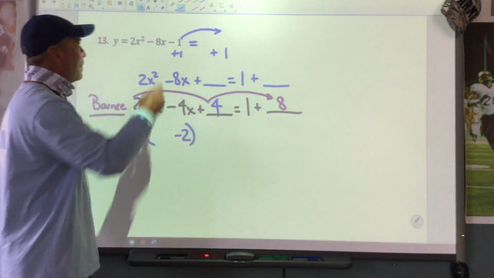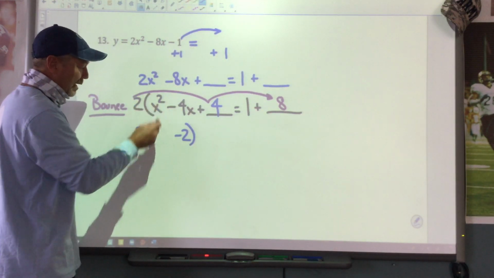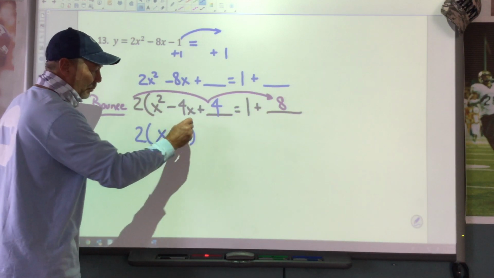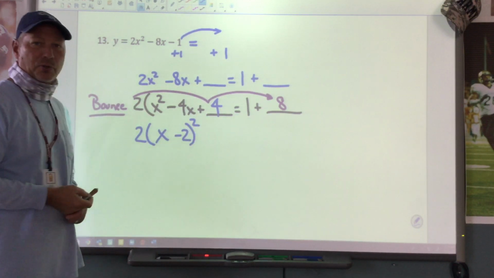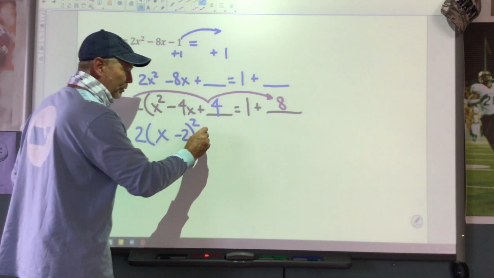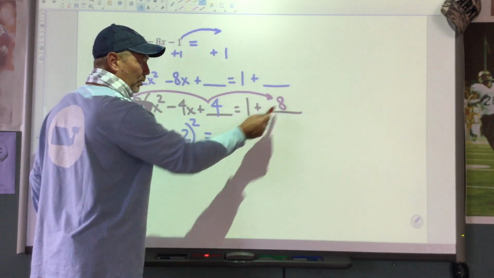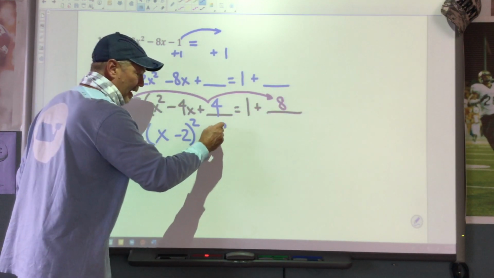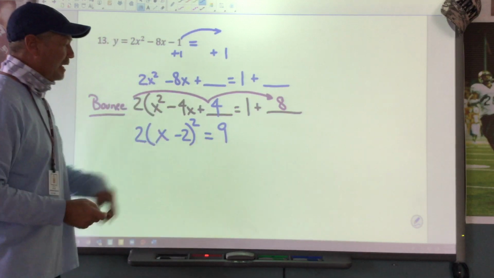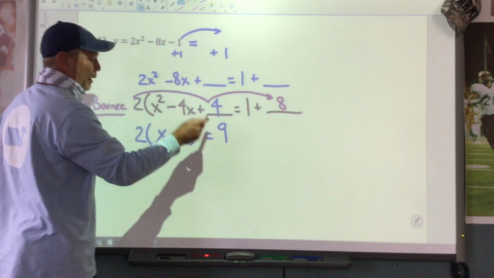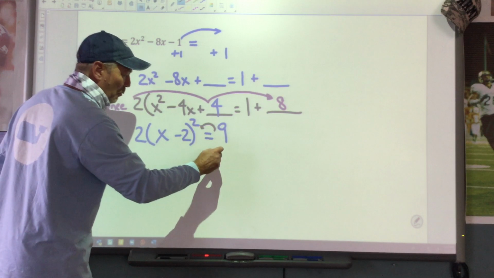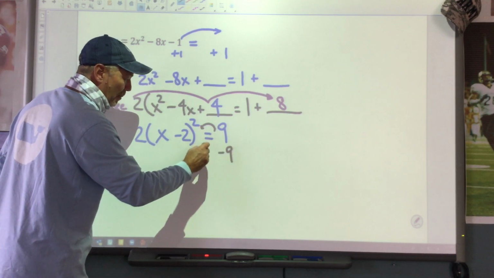Now I bring down the x and the parentheses squared, just like we've been doing. Equals, what is 1 plus 8? 9. Bring the 9 back over across. We're going to go minus 9.